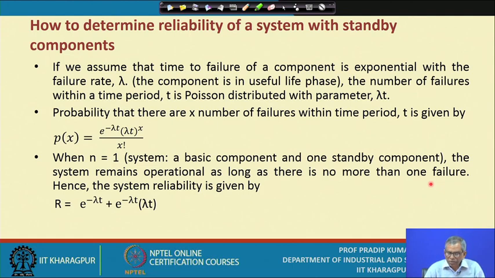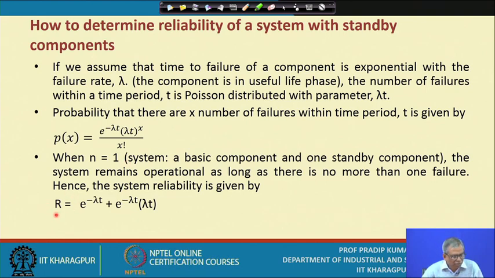Hence the system reliability is given by the probability that there will be zero failures plus the probability that there will be one failure. You have just one standby with one basic component, so either the basic component will run, or the standby component will run in parallel.